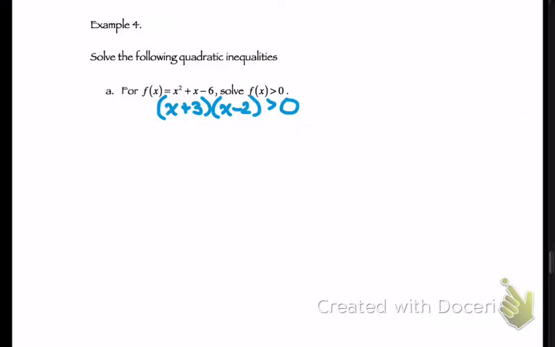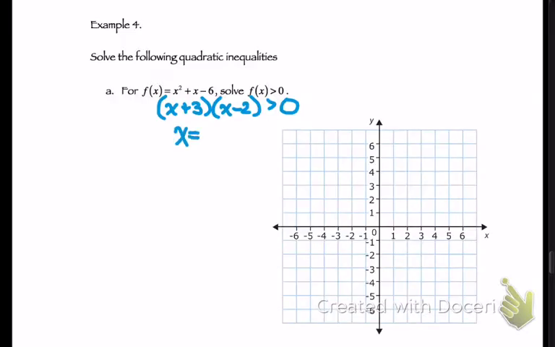I want to figure out where that thing is greater than 0. Here's what I'm thinking. So x plus 3, what makes that 0? Well, it's -3. X minus 2, what makes that 0? Well, it's +2. There are the points where it crosses the x-axis. So I'm going to plot those 2 points. All right, so think, parent function. I know this is x squared.